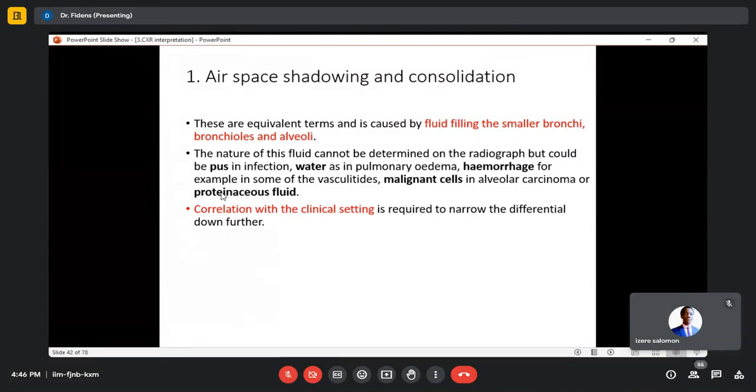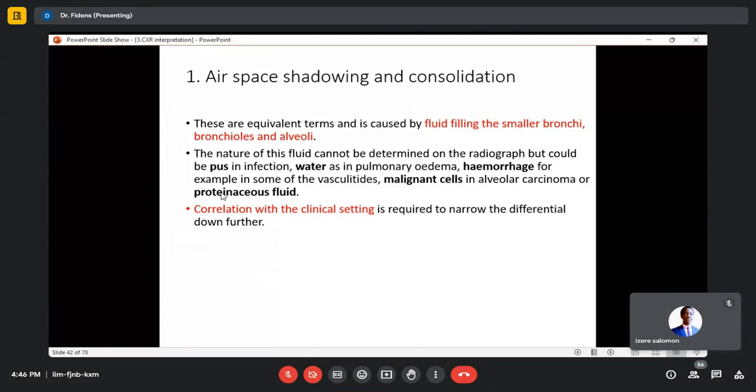Just any consolidation caused by a different mechanism. Correlation with the clinical settings is required to narrow the differential diagnosis. Okay, this is very important for clinical people, for clinicians.